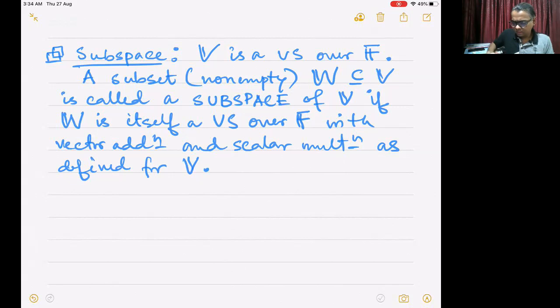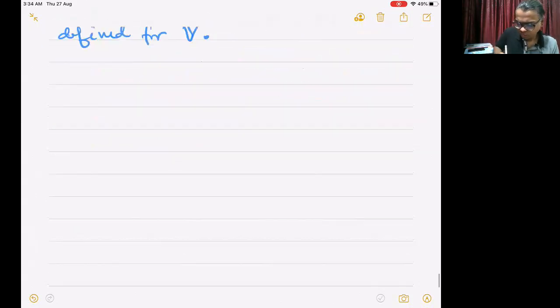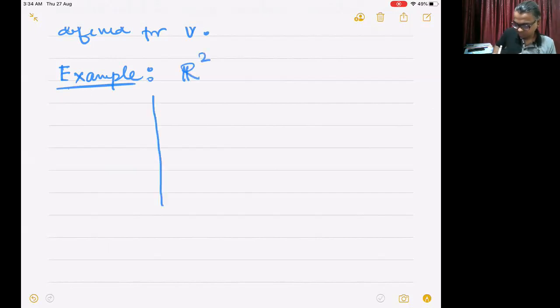Let's see some examples. We look at our favorite contender for a vector space, namely R2. We all feel very comfortable with R2, I'm sure. R2 has the x1 axis and the x2 axis.